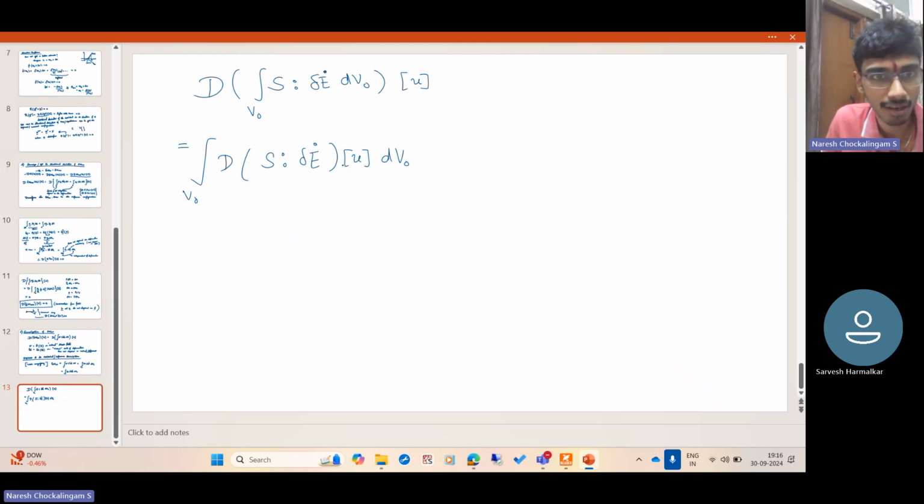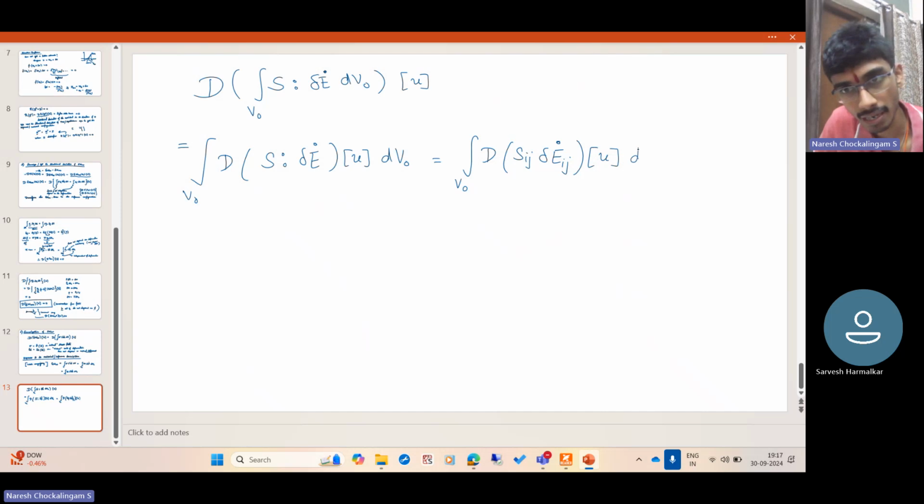So you can write this in index notation as d of S_ij del E dot ij in the direction u dv naught. But what is this? Now we can use the product rule. It's just the product of two scalars.